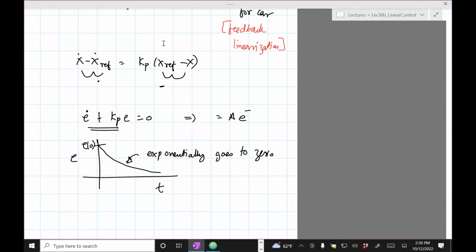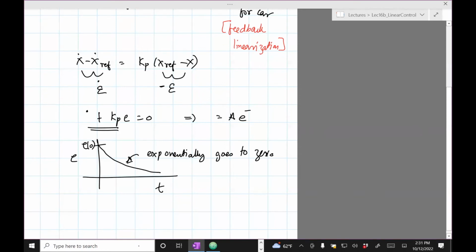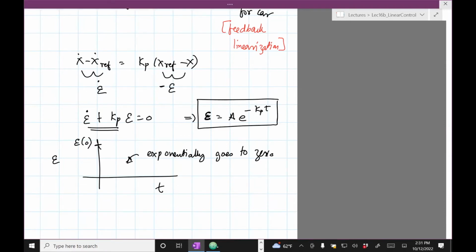Let's define this differently, because e is what I need to use in the solution. It's called epsilon. The reason I use epsilon is because the solution to this is actually exponential of minus kp times t. So this is a solution. You can see that as t goes to infinity, epsilon goes to 0, and that's what I've shown here.